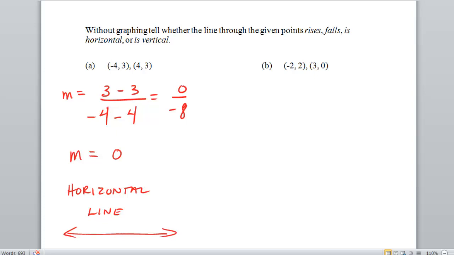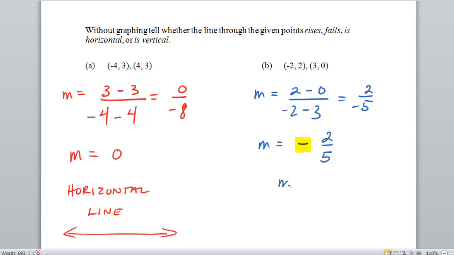For part B, we have a slope of negative 2/5. The 2/5 right now is unimportant. We'll get to that at a later point in time, but what we're more concerned about is the fact that it's a negative sloping value. And so if it's negative, it's less than 0, so that means it falls from left to right. So it would have a general shape that looked like that.